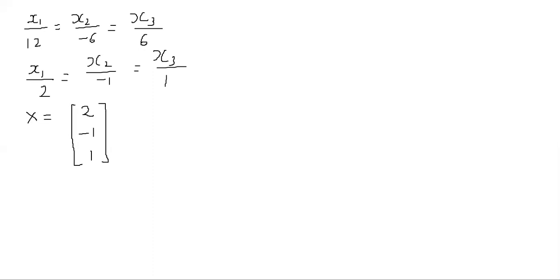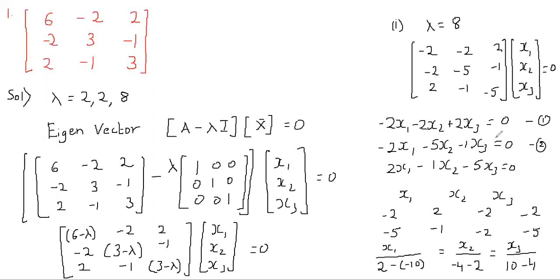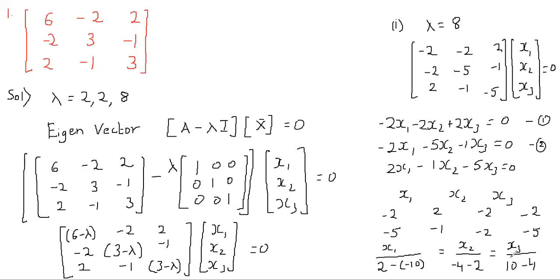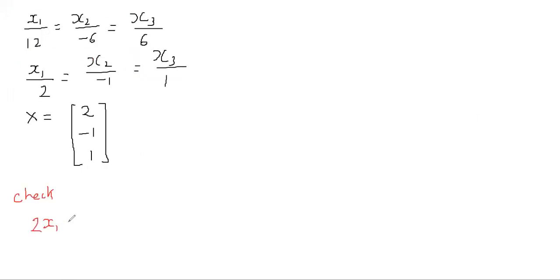Just take any one of the equations that we did not solve, the third equation: 2x1 minus x2 minus 5x3, which should be equal to 0.